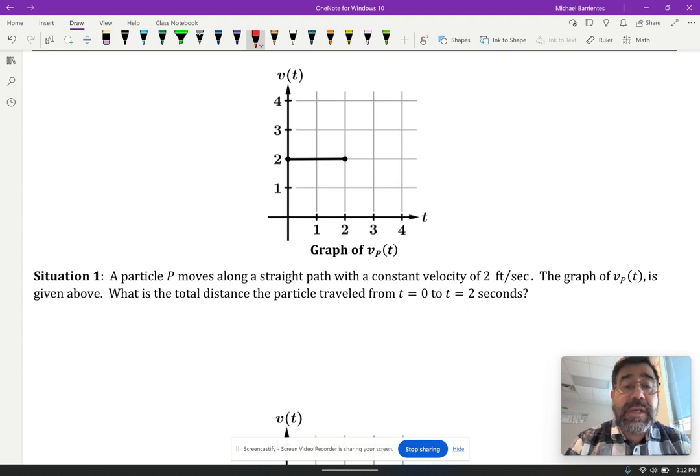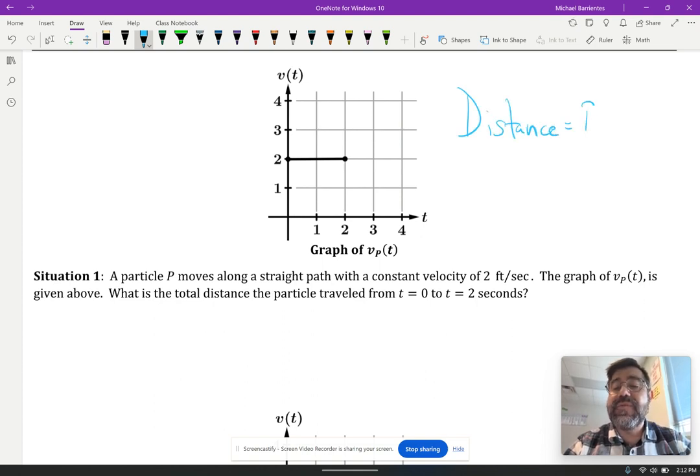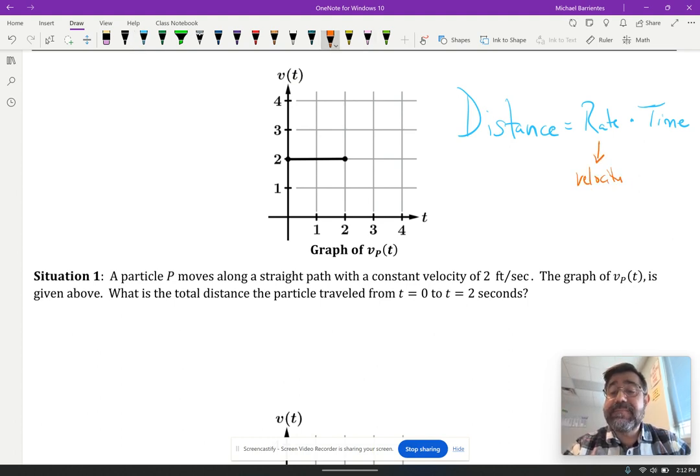Okay, so let's think about how we usually find distance. If you remember back, distance is really just rate times time. So if I'm looking for the total distance, I need to know the rate at which I'm moving. Well, the rate of change would be the velocity.